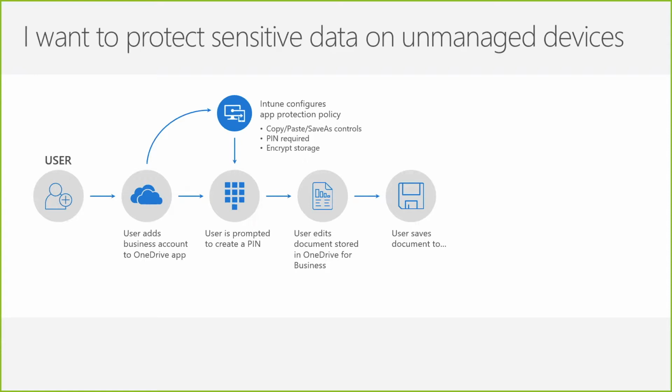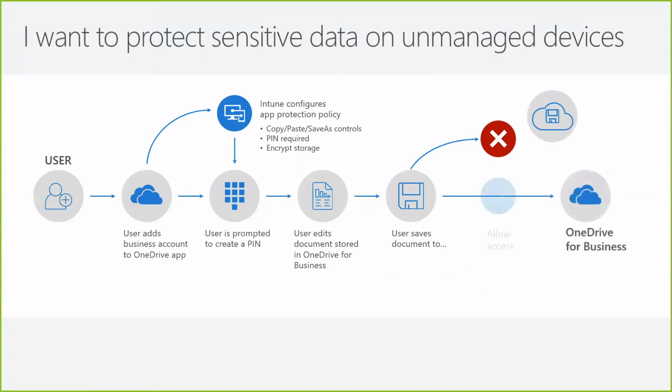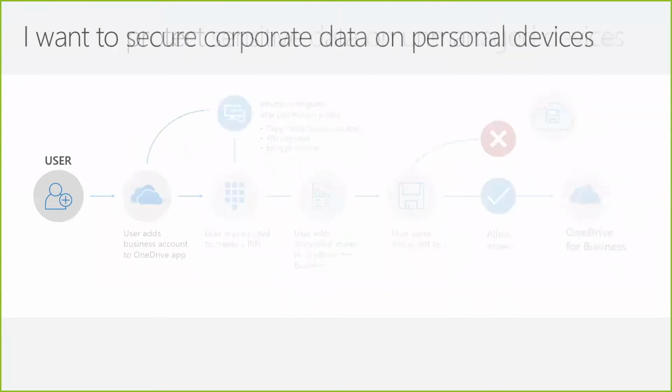Because Intune recognizes this, the user is prompted to create a PIN to make it secure. After he has set this up, OneDrive for Business is managed by Intune, and then he can upload and save this document on the device. If he tries to save this document in a private file store, for example Dropbox, it says no, this is not allowed, but it is allowed to save it on OneDrive for Business because this is managed by Intune.